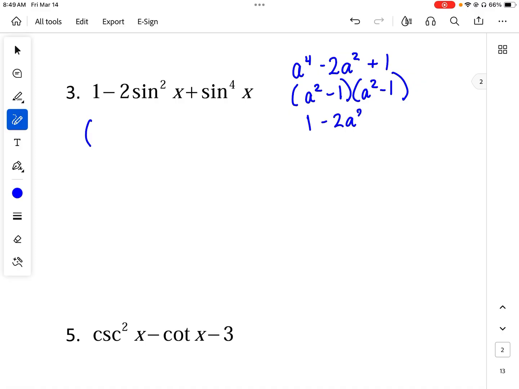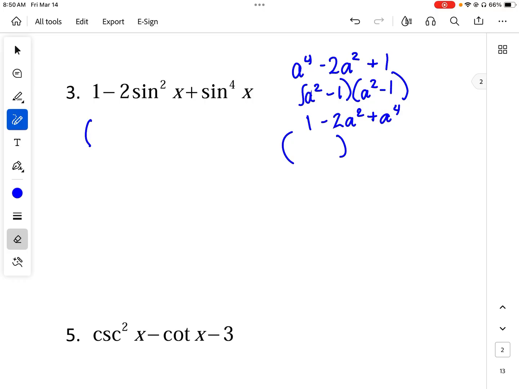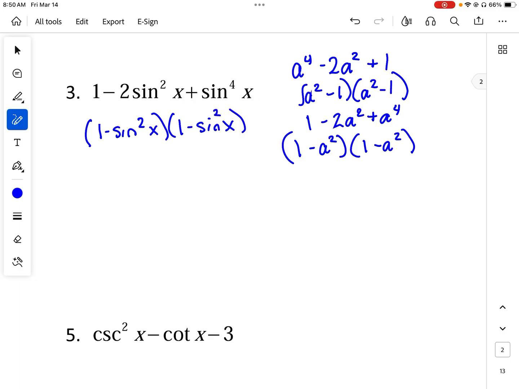But if we switch it around, it'd really be like 1 minus 2a squared plus a to the fourth, which would be a squared minus 1. Oh no, I need to do it the other way, sorry. 1 minus a squared, 1 minus a squared. So I need to switch it around. So 1 minus sine squared x, 1 minus sine squared x.